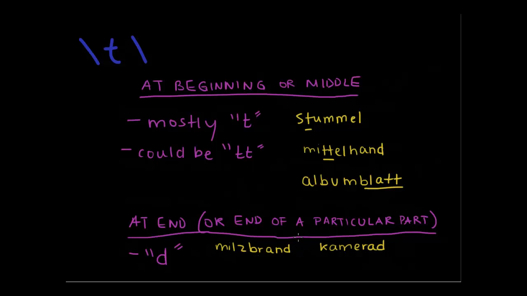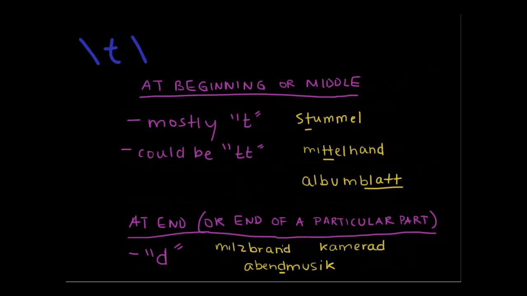But if it's at the end of the first part, it can also be spelled with a D, like Abendmusik. The root is Abend, and here we know the root Musik is a common ending, but the D is representing the T sound because it's at the end of this particular part, Abend. So I hope that's clear.